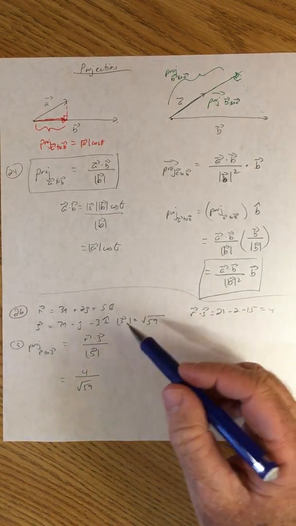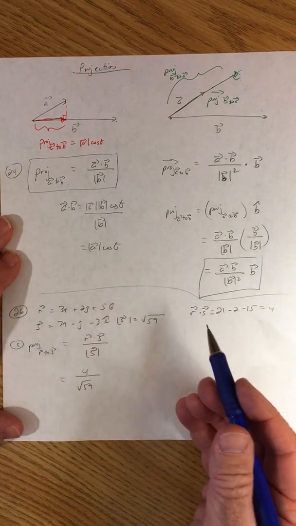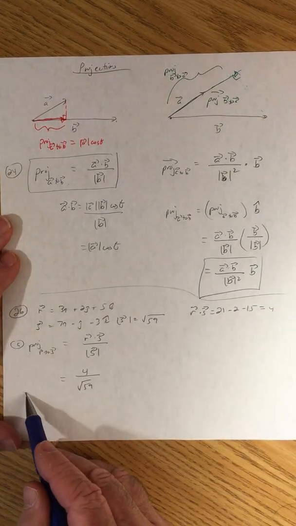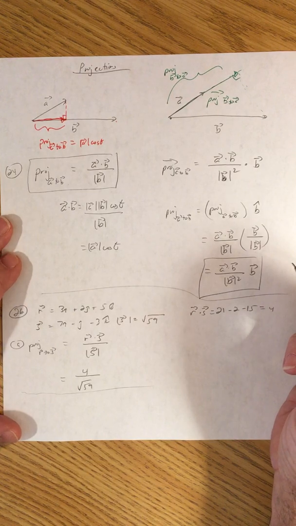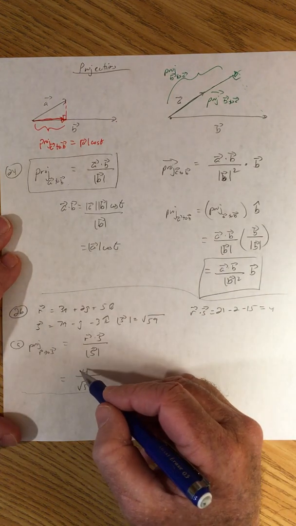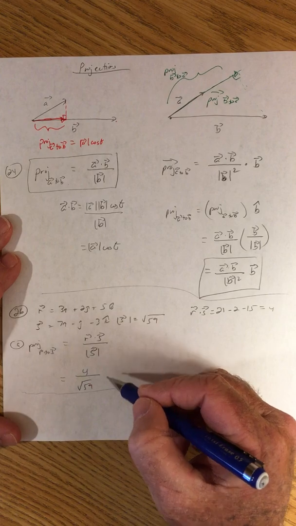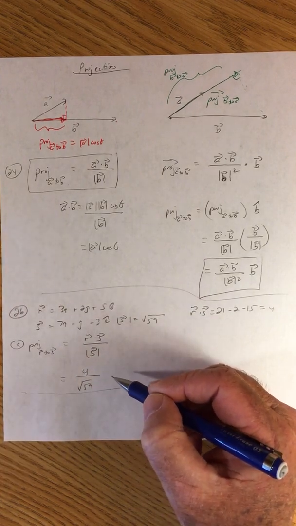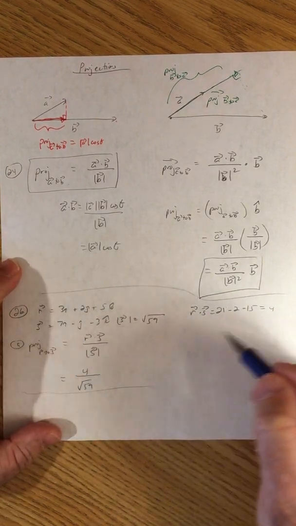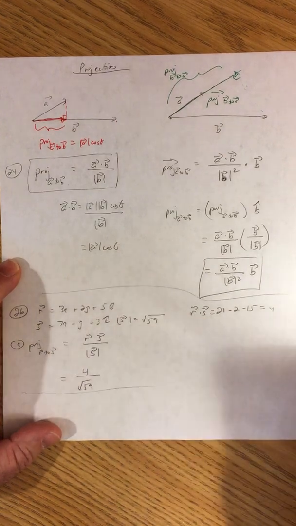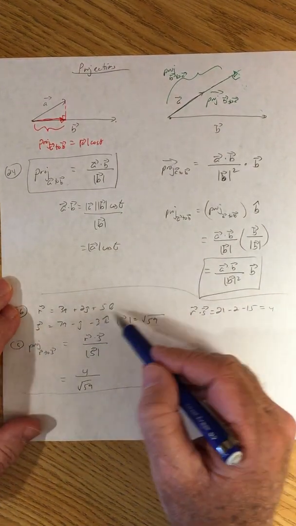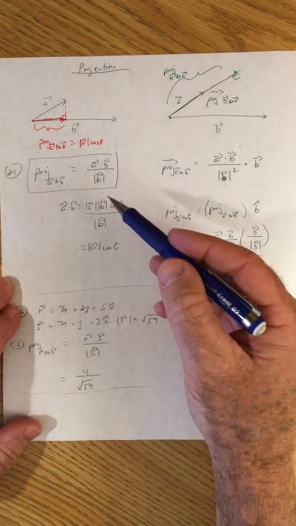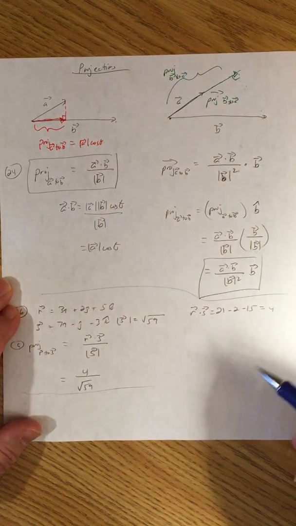Now, I could get this a different way, the way the book says that we can get it, and maybe we'll do that. To do it, I would need the angle between R and S, and the magnitude of R, so that I could calculate that quantity.